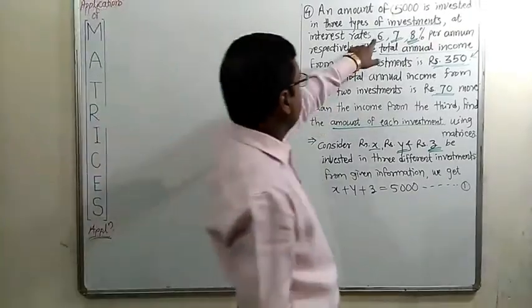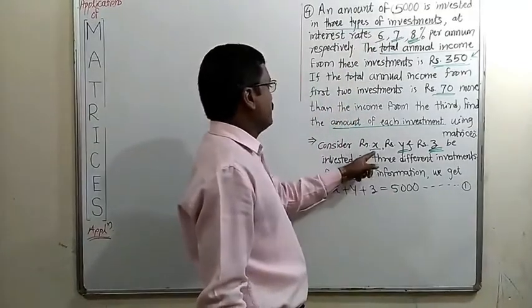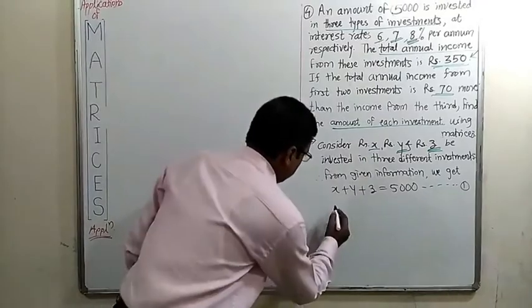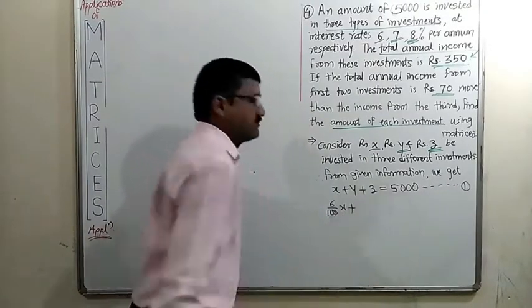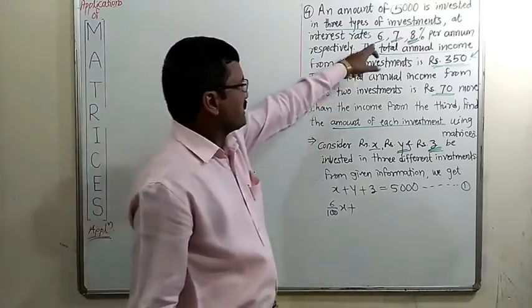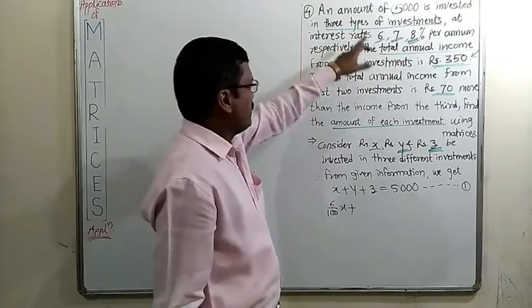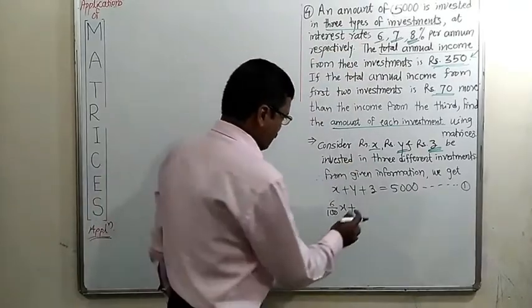The rate of interest is given 6. So at the rate of 6% per annum, the interest on amount X will be 6 by 100 into X, or 6x upon 100.